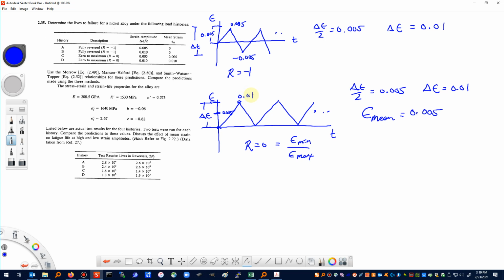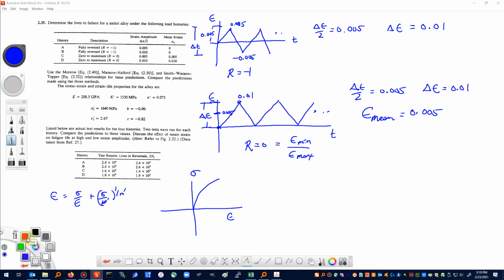Now, along with this problem, we need to find the mean stresses. So for each of these, we're going to have to do a hysteresis loop calculation. The initial branch of the hysteresis loop will use our initial Ramberg-Osgood equation using the cyclic stress strain curve properties. It's going to use this equation. We're also going to need to calculate the hysteresis branches.